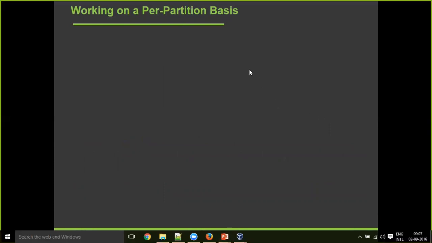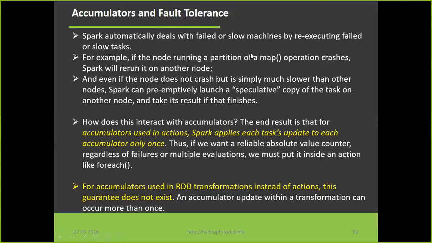Why wrong? Because when I say sum, a speculation happens and it will run another task. That's what I was telling you. Don't worry about the internals. But Spark guarantees that if you use it inside an action, it will get updated only once. How? You don't worry about it.